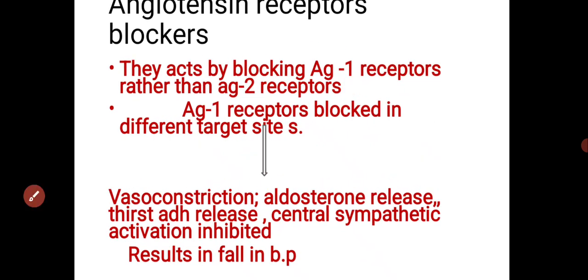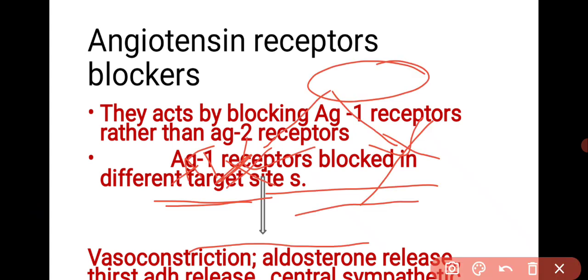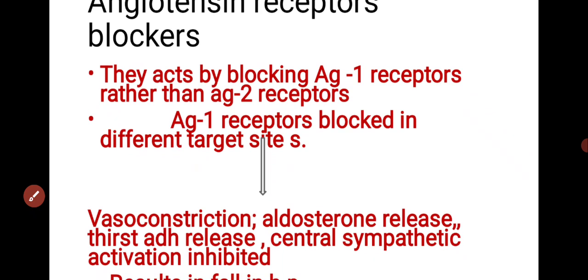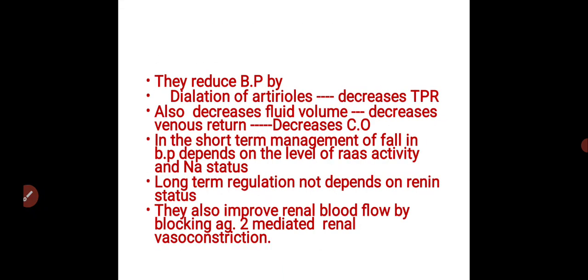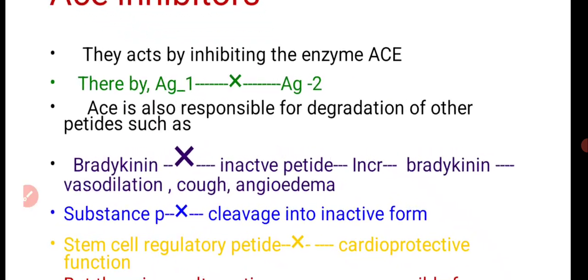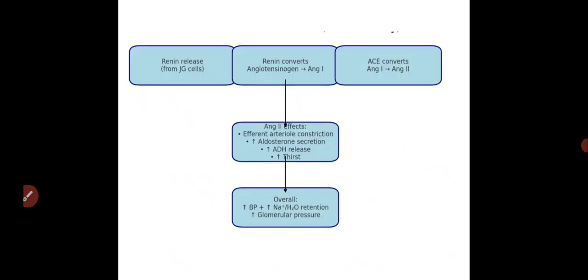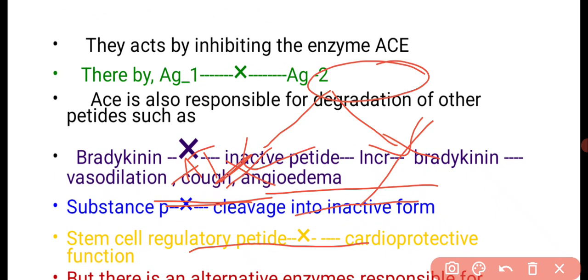Some differences between the angiotensin converting enzyme inhibitors and angiotensin receptor blockers are these. In the case of ACE inhibitors, angiotensin 2 production is not only mediated through the angiotensin converting enzyme. So when we block the angiotensin converting enzyme, angiotensin 2 production is not entirely blocked.